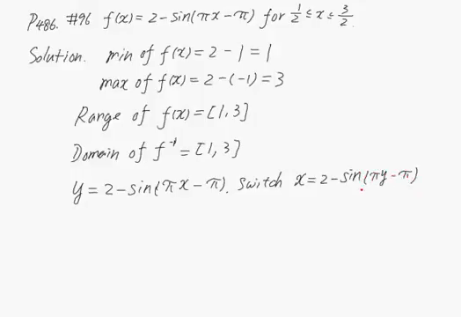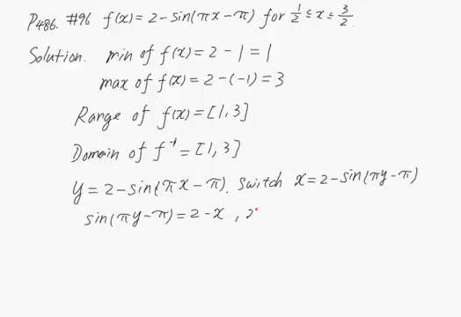Now this equation is satisfied by the inverse function. Then we need to solve this equation for y. So let's move this sine to the left side and move this x to the right side. Then we get sine of pi y minus pi equal to 2 minus x. And we know the domain of the inverse function is the closed interval from 1 to 3.